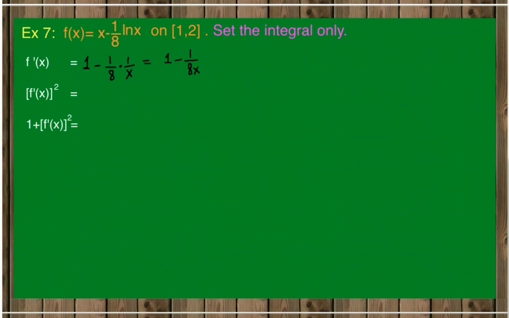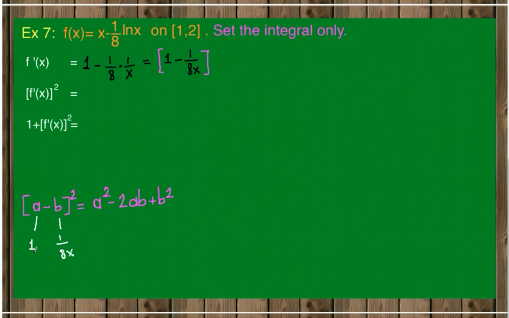Now we're going to square this quantity. This is our binomial expansion. This is like a minus b term squared, and you can apply the formula a squared minus 2ab plus b squared. In our case, our a term is 1 and our b term is 1 over 8x.